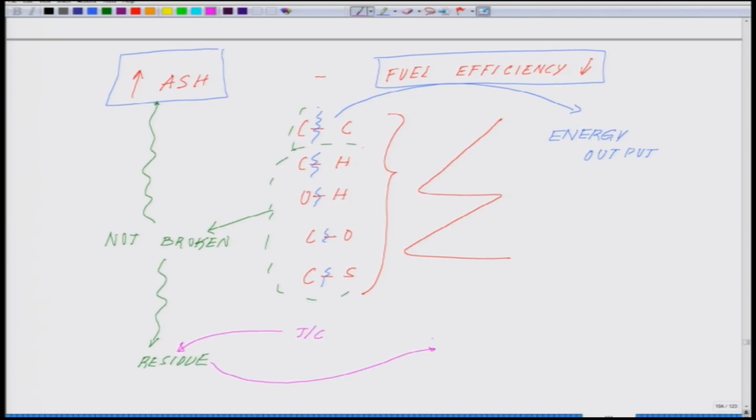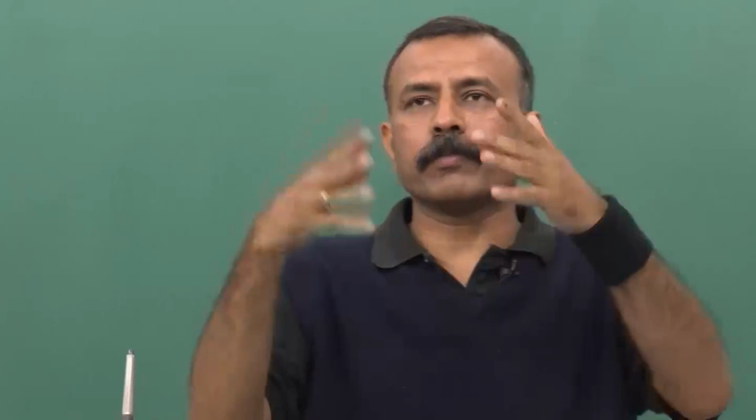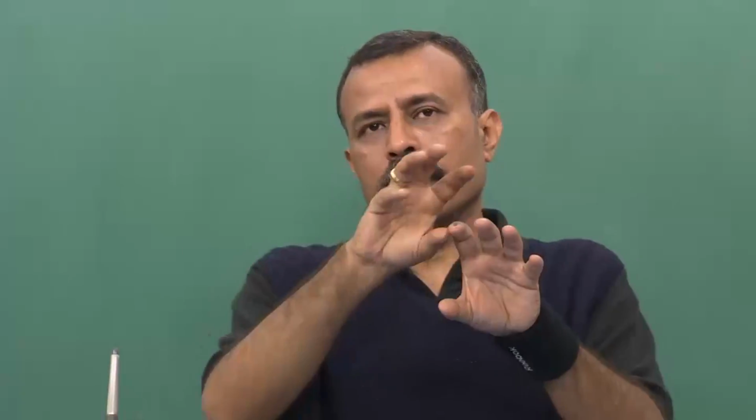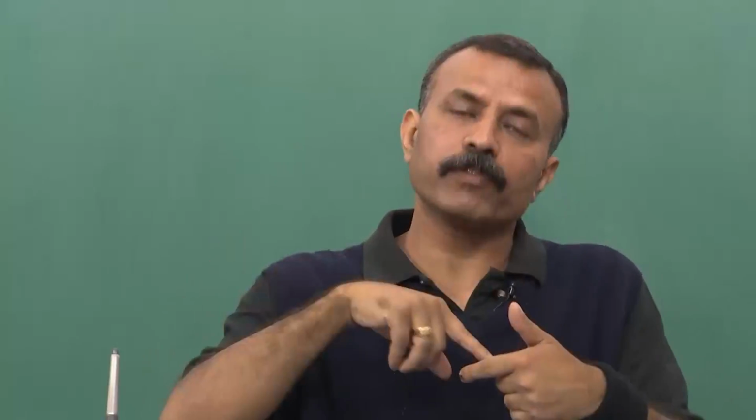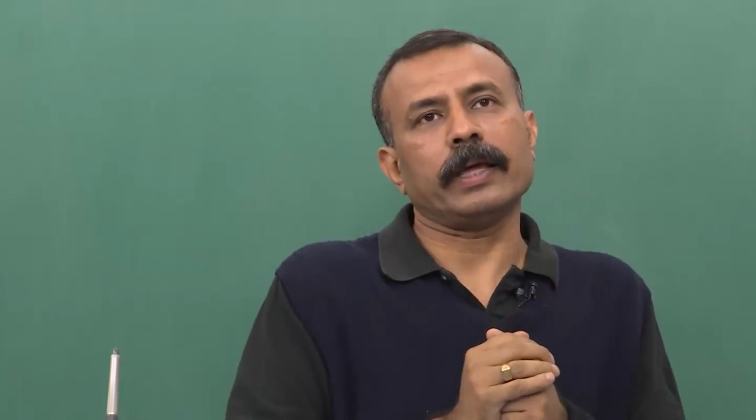So, if for a finite amount of matter your ash content is high, that means the amount of energy which will be derived from it will be lower. In other words, per unit matter, whether in grams, kilograms, or tons, whatever unit you use, the amount of energy coming out of it will be lesser as compared to an energy-efficient material, where the energy will be higher and the ash content will be less.